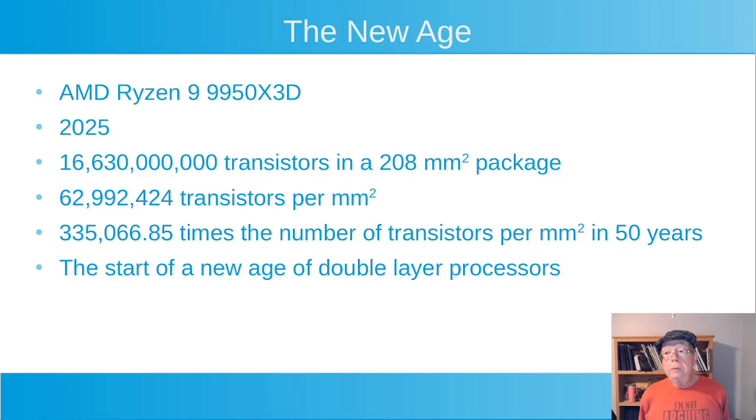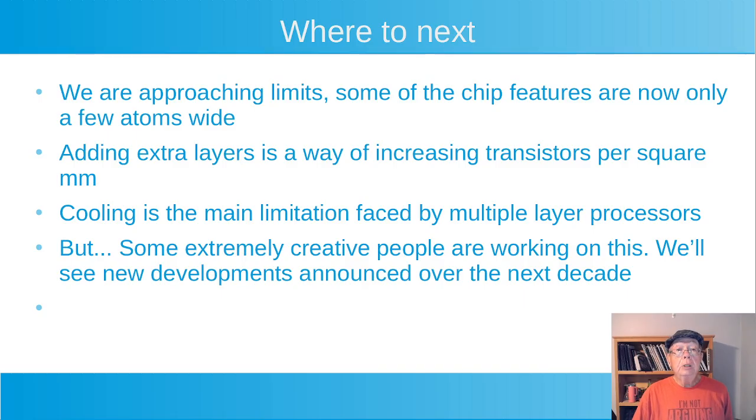What if, just think of this, what if you could go further? Well, they are planning a bunch more node shrinks, but some of the current chip features are now only a few atoms wide, so there are limitations hitting here. Adding extra layers is a great way of increasing transistors per square millimeter, but cooling is the main limitation faced by multiple layer processors.